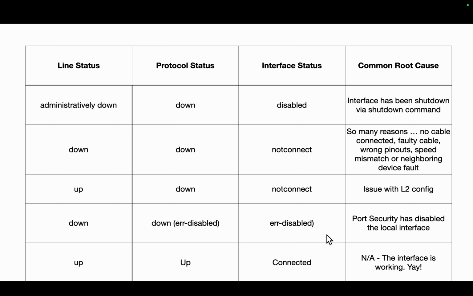It's taking that proactive action, being a bit like a security guard: I don't recognize that MAC address, shut that interface. It doesn't shut the interface down, it error disables the interface so it can't be used.